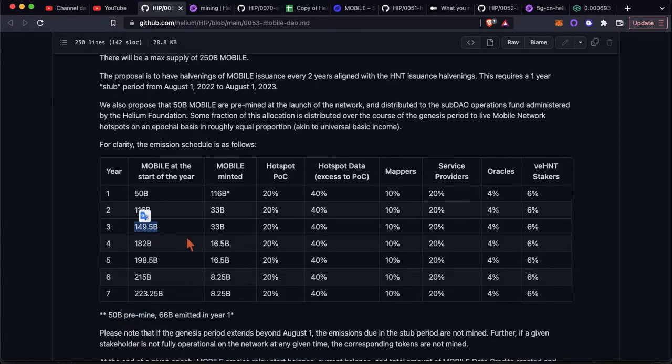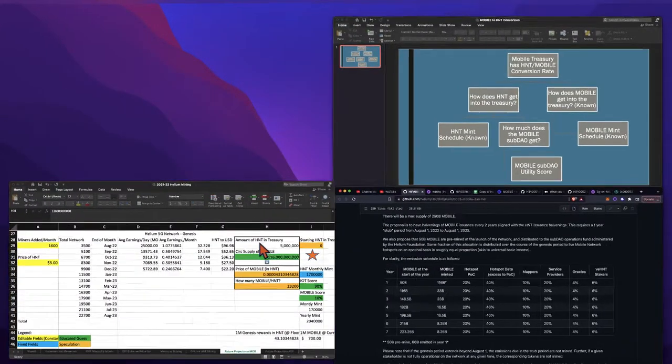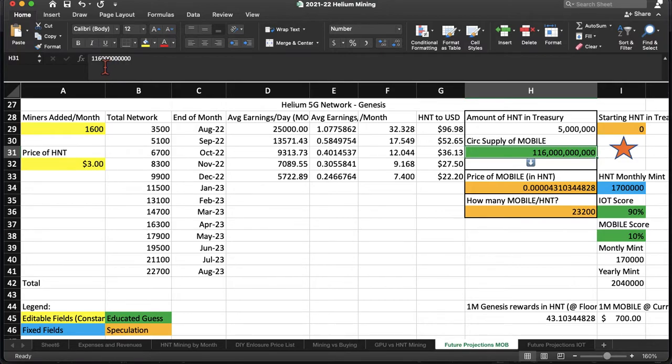After 3 years, there'd be 149 billion. So let's change this to 49. Yeah, so I mean, this floor price is probably going to stay pretty low for quite some time. Years, in fact. Probably a lot of years.